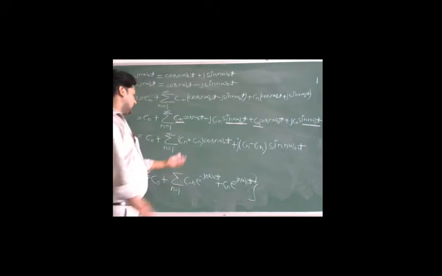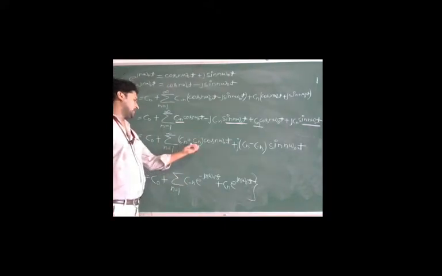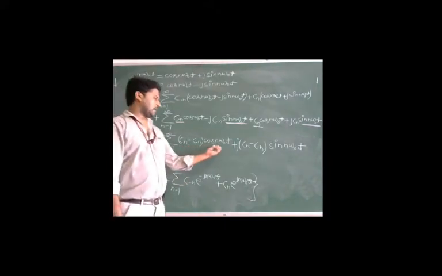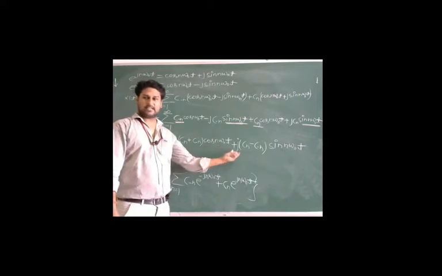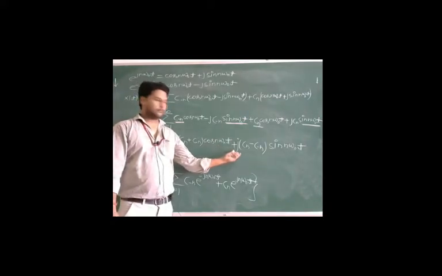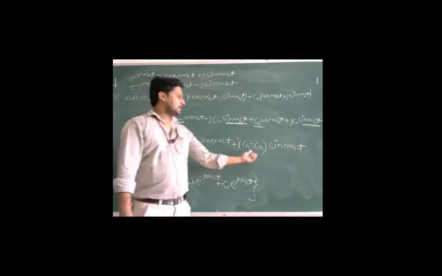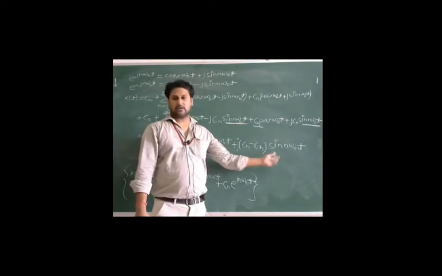This is c sub n plus c sub minus n cos of n omega naught t plus j c sub n minus c sub minus n into sin of n omega naught t.